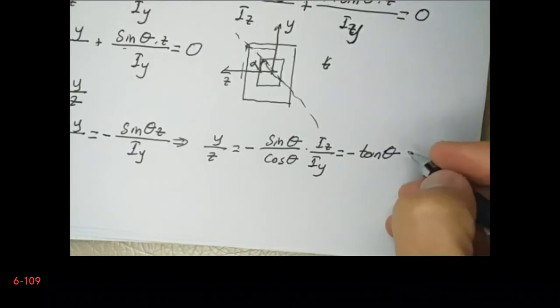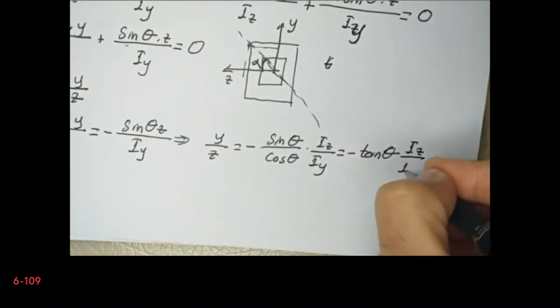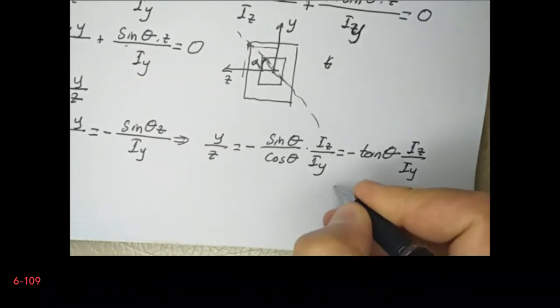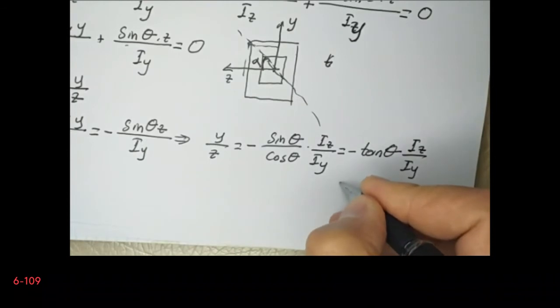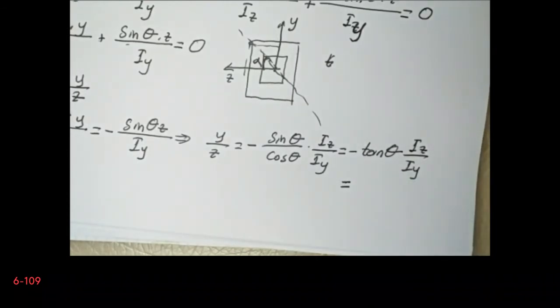I can calculate this value. So let's do the calculation. Let's put the values into their places. So theta is 45 degrees.